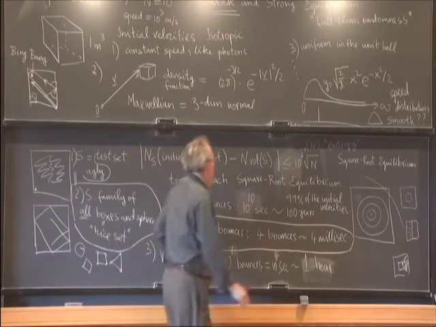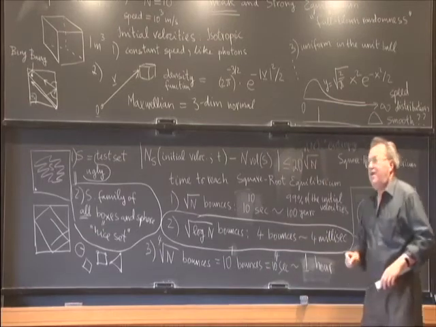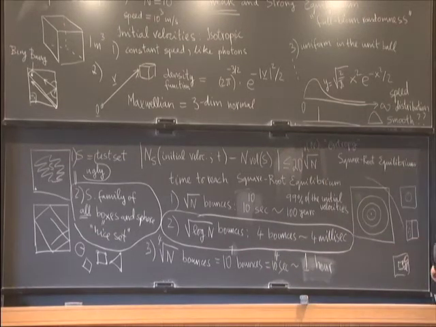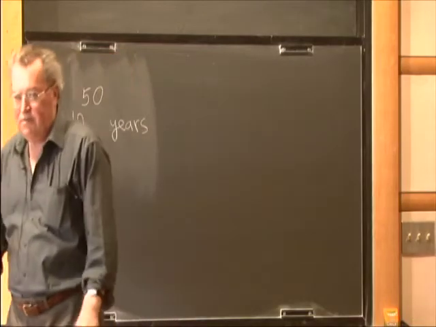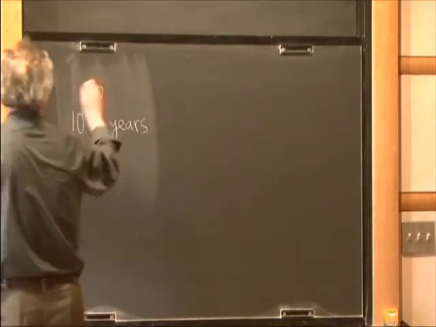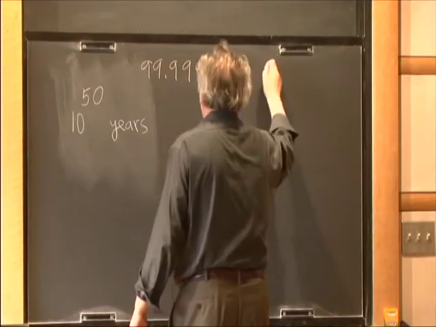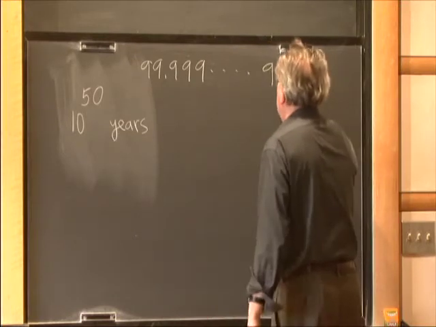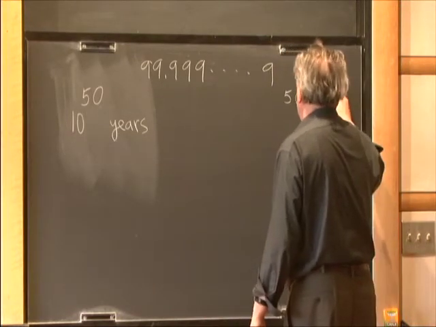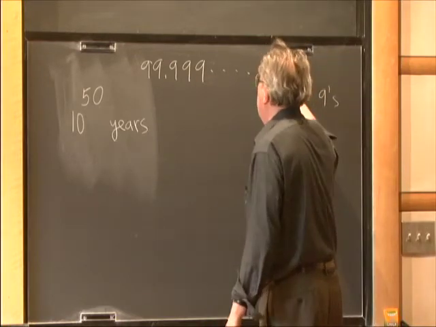Now I actually computed it with 20. And then what I got is that it stays there for 10 to the 50 years. So let me repeat. And actually for 99.99, and here again I can write 59s.